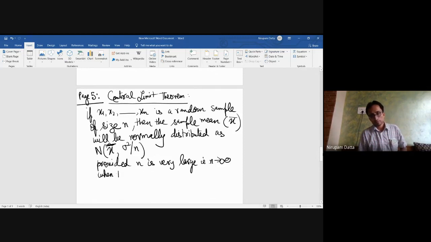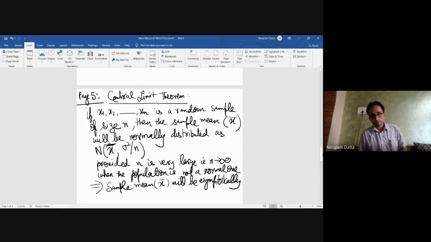So in that case, when the population is not normal, this sample mean x bar will be asymptotically normally distributed as N(x bar, sigma square by n).